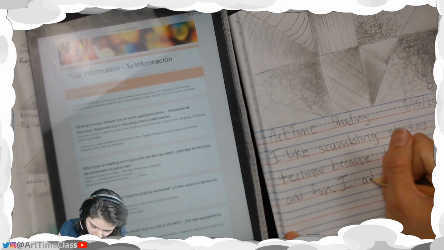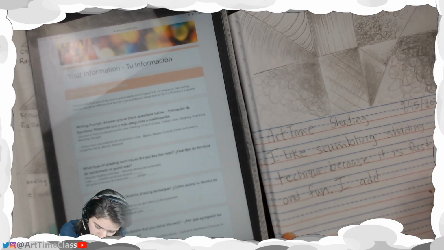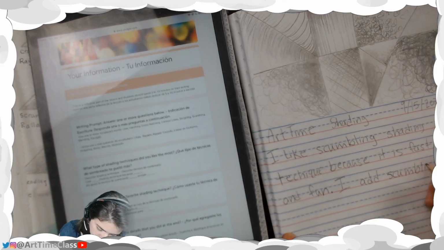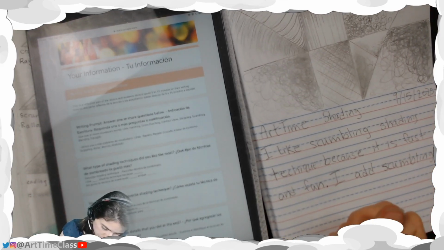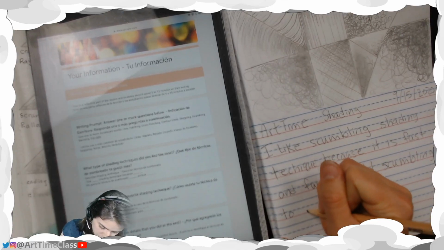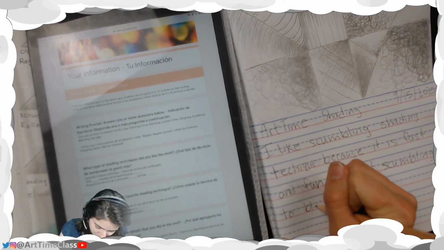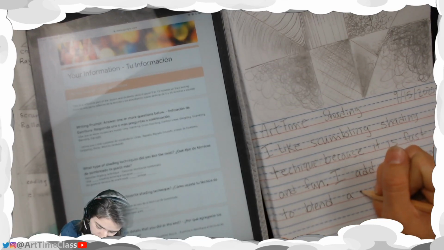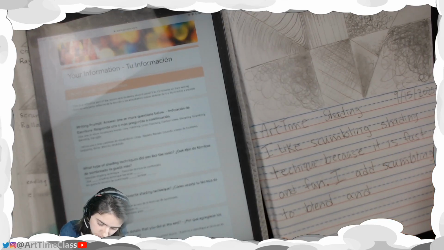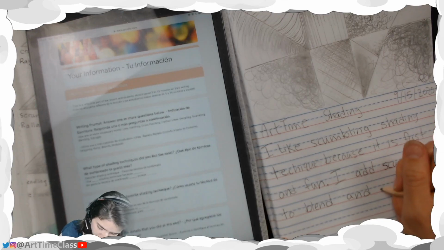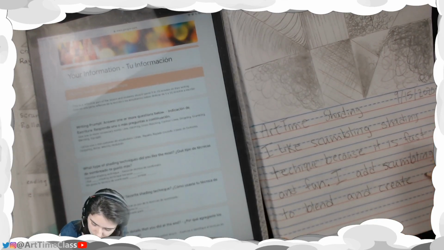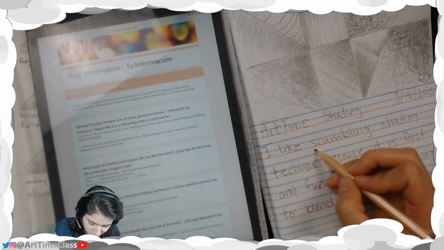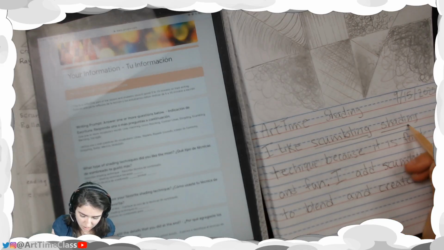I added scumbling to blend and create value.